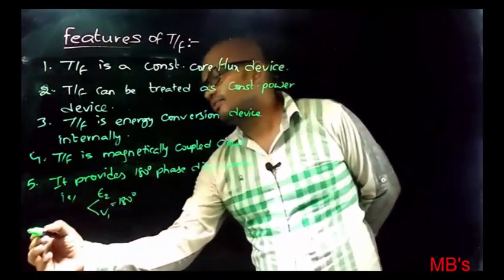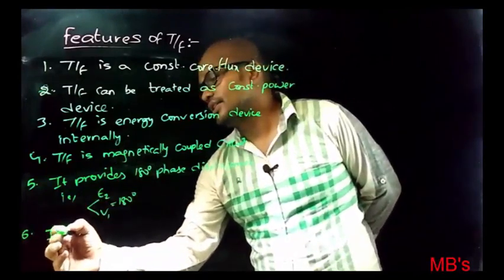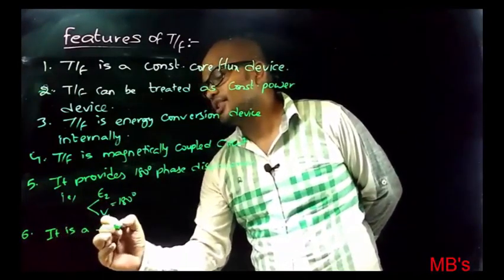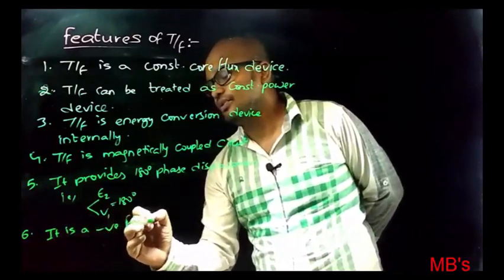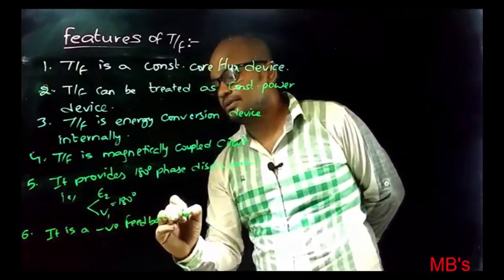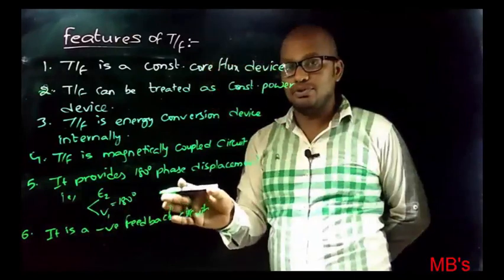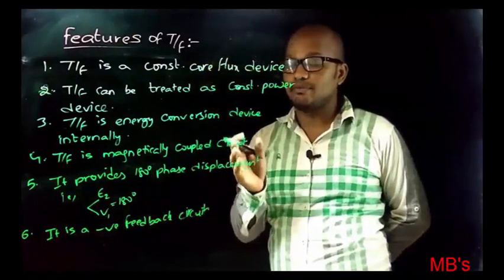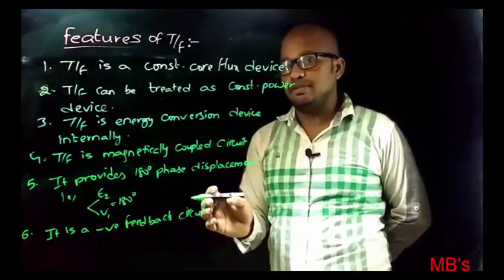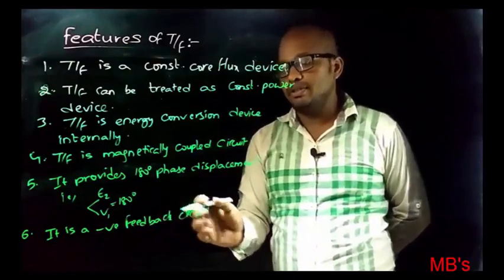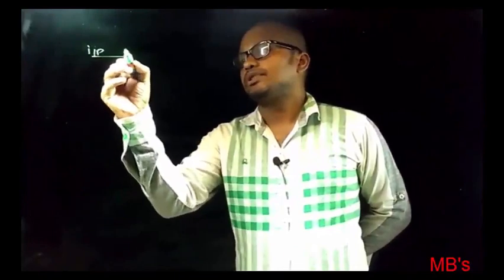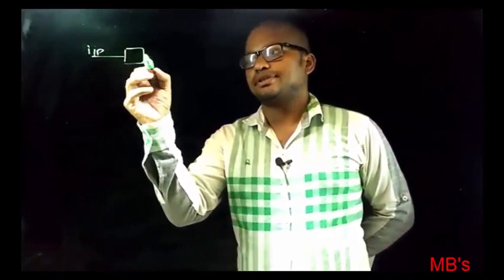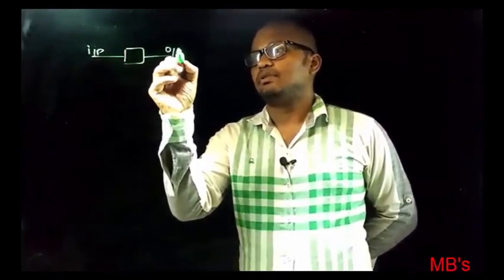And the other important feature is it is a negative feedback circuit, and this point you can understand from the operation of transformer on load, and I will tell you in short about this. That is, let us suppose this is the input signal, let this be the system, and let this be the output.